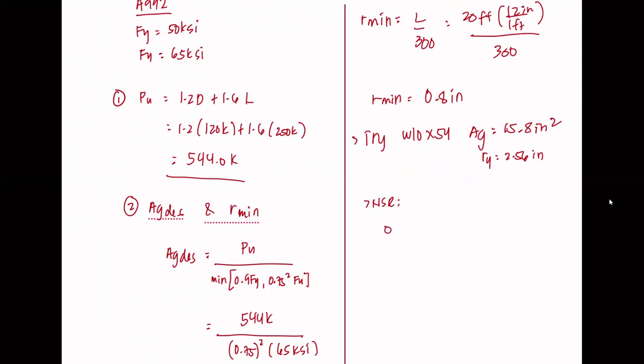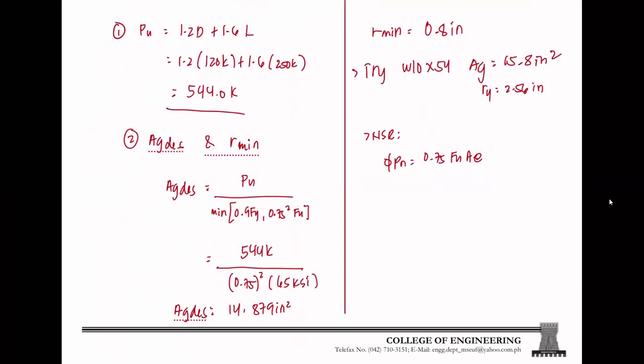We have Pn equals 0.75 Fu Ae, and we know Ae equals U times An.